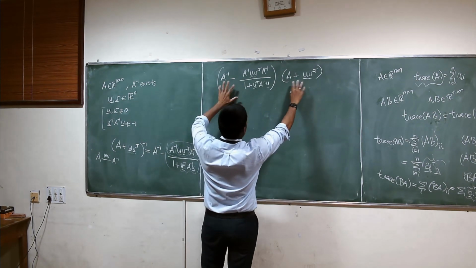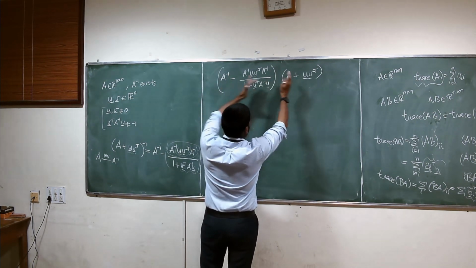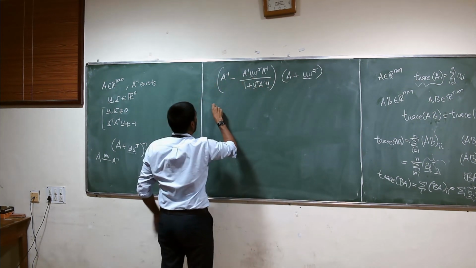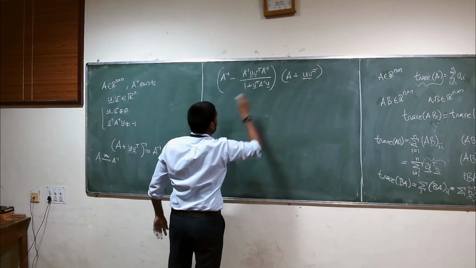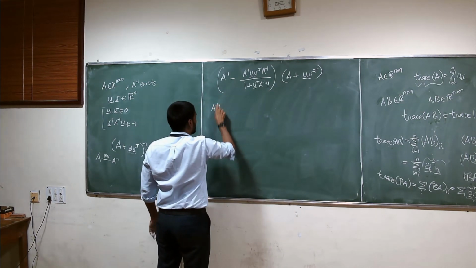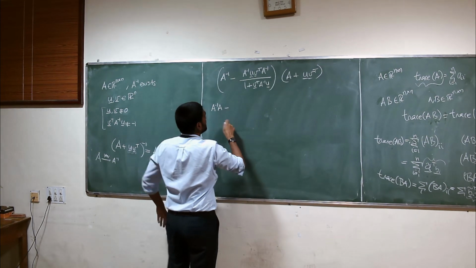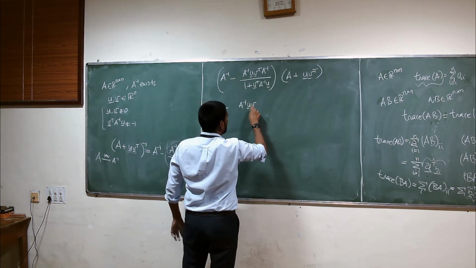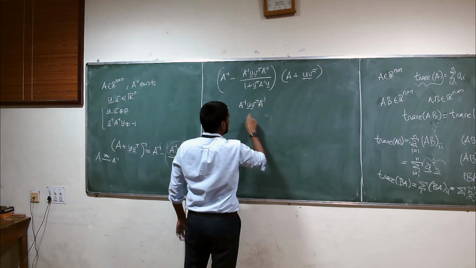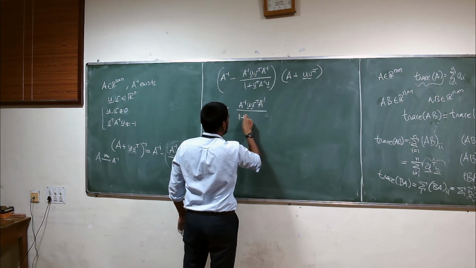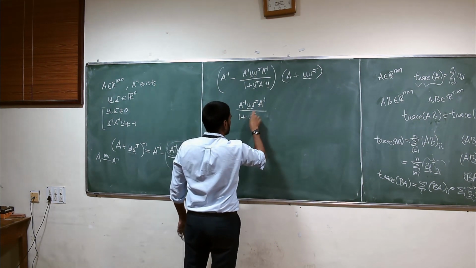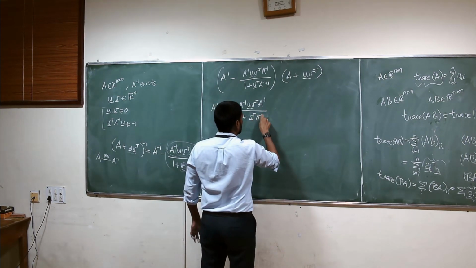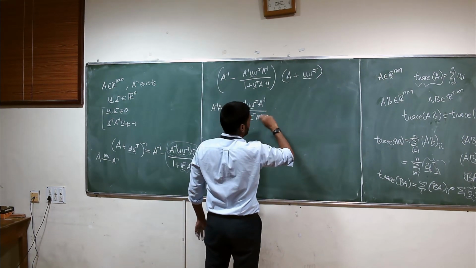Now, because there are these 4 terms, we'll first multiply this by A and then derive what that is. So if I multiply this by A, what do I get? I get A inverse A minus A inverse U V transpose A inverse divided by some scalar, multiplied by A.